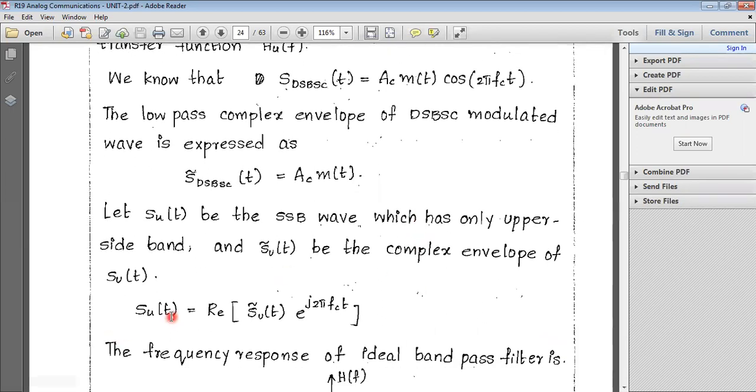Here you observe Su of t is the normal SSB wave and this is the complex envelope of Su of t. First we calculate Su of t here. So from this parameter we calculate the final SSB signal.